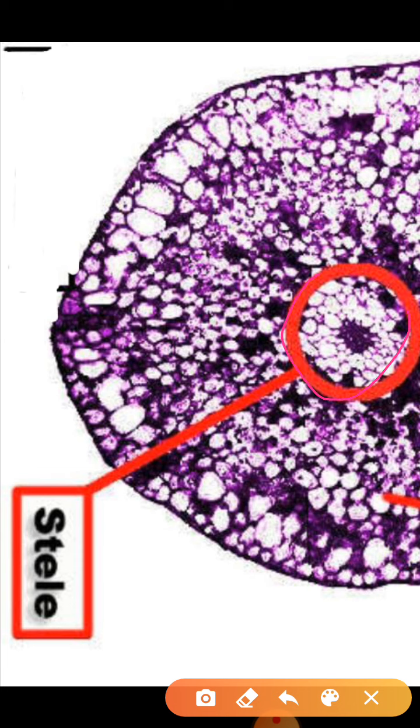Stele consists of pericycle, vascular bundle and pith. It is located inner to endodermis. Therefore, it's the central part of the stem.